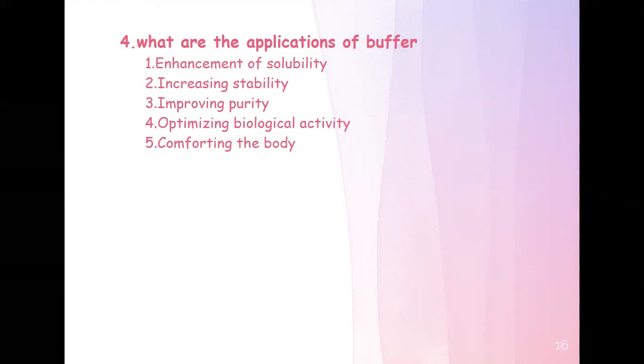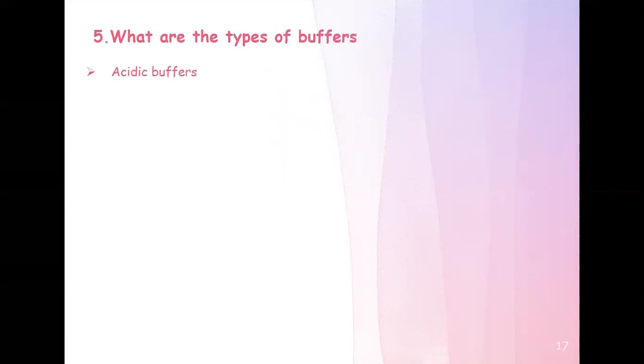In that case, you need to maintain the respective pH of your body cavity. Then what are the types of buffers? Buffers are classified into acidic buffers, basic buffers, and phosphate buffers.